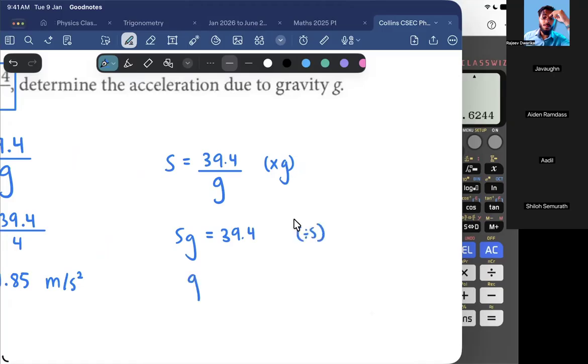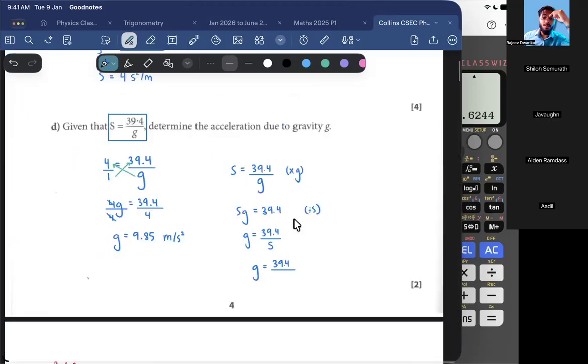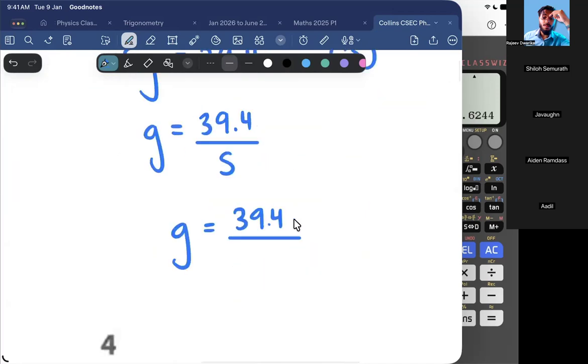When you do that, you'll end up with G is equal to 39.4 all over S. Now, what were the units for S? The units for S were s squared per m.